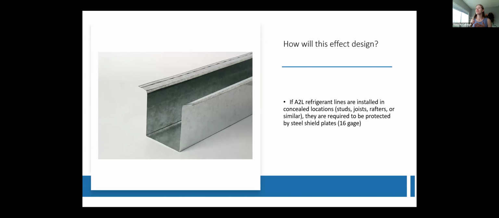If you have refrigerant lines that are concealed within studs, joists, rafters, or similar, they're required to be protected by steel shield plates. What we don't want to have happen is somebody hangs a picture on a wall and they have no idea refrigerant lines are in that wall. They puncture the line and now we have an A2L leak.